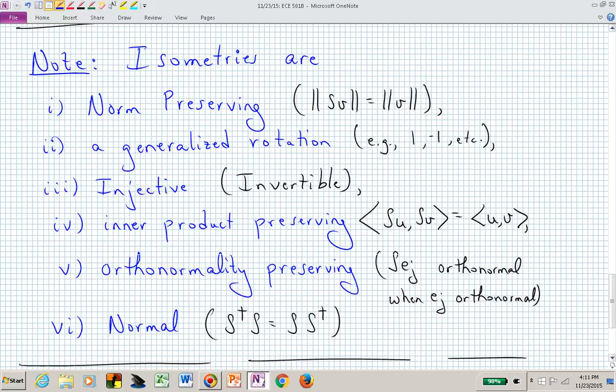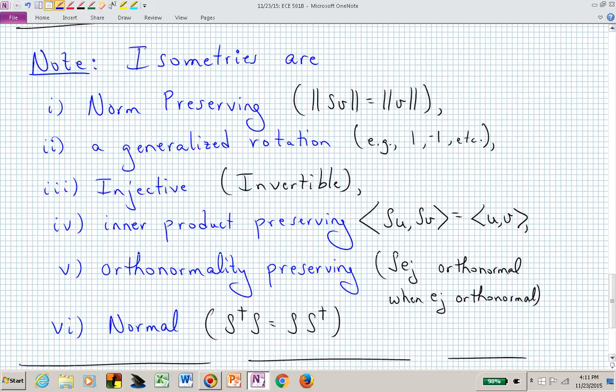It doesn't change the orthogonality of the original vectors, meaning they continue to be orthogonal to each other, and these isometries are normal, meaning S dagger S is equal to S S dagger, or S and its adjoint commute. These are some facts or properties of isometries.